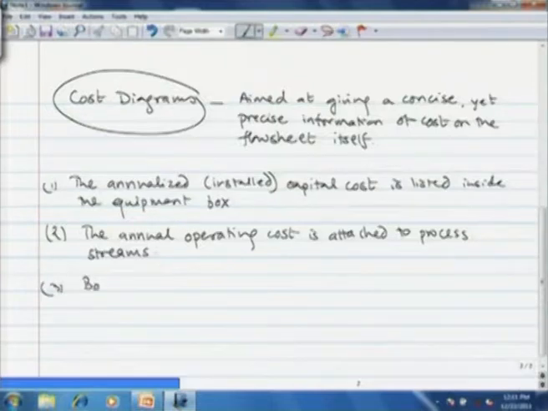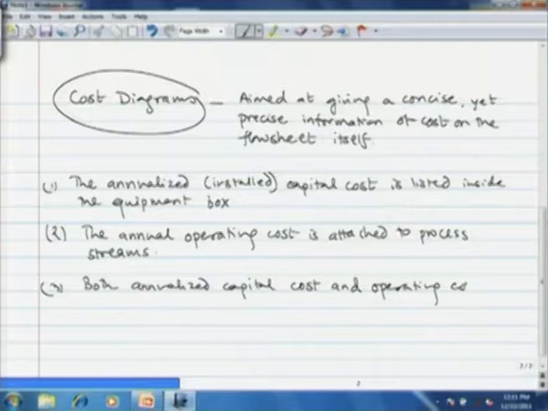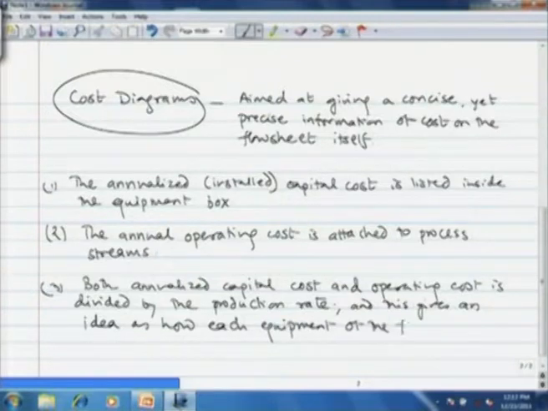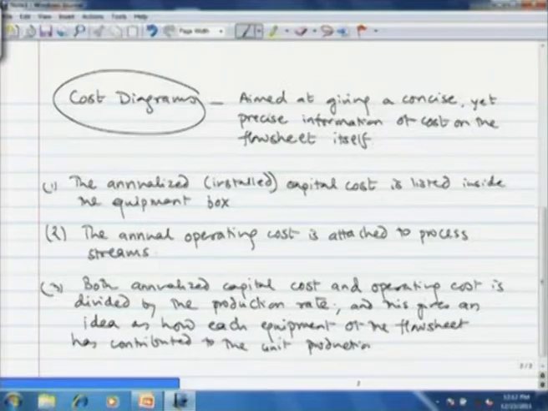In some cases, both annualized capital cost and operating cost is divided by the production rate, and this gives an idea as to how each equipment of the flow sheet has contributed to the unit production cost of the main product and byproduct.